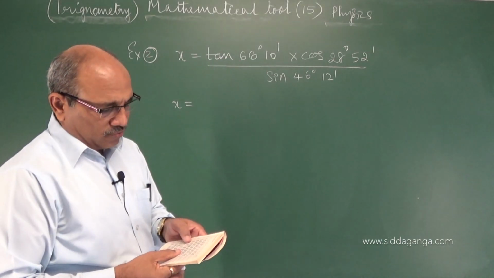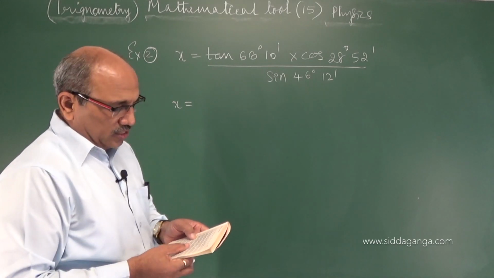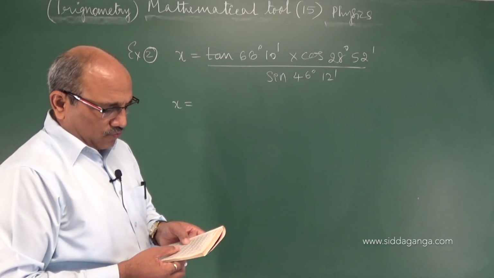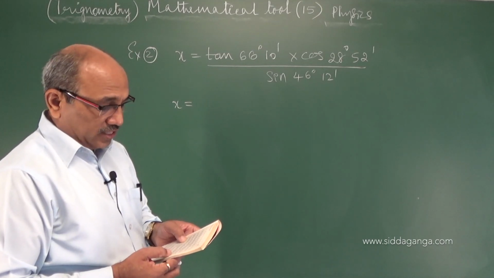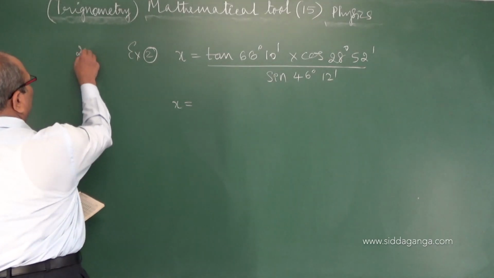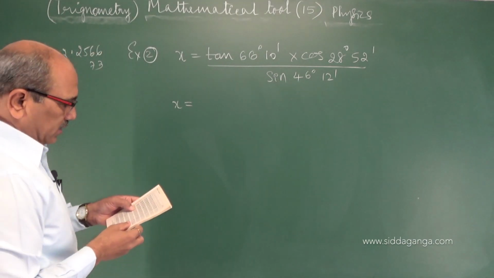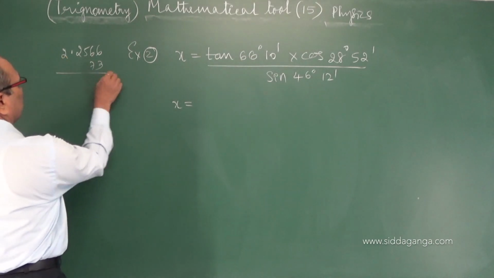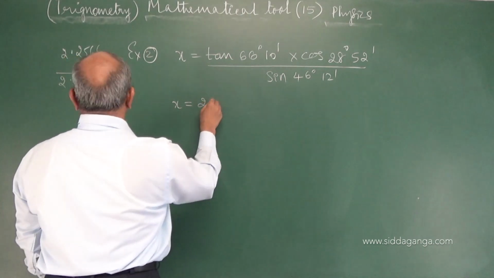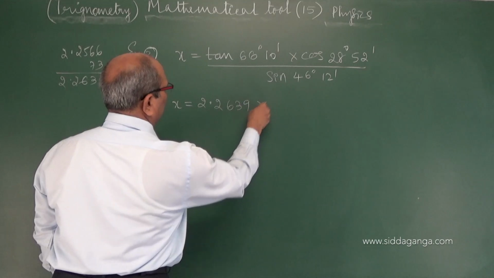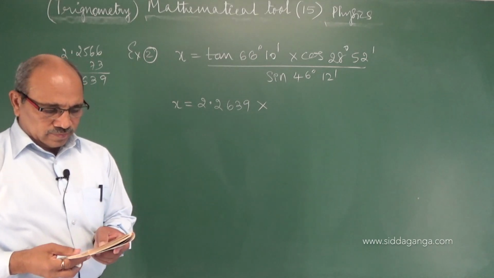You have to see the first column carrying 66, which means 2 point something exists. 10 minutes means 6 minutes, 2566, and 4 minutes will have the value 73. 2566 plus 73, it is 2 point something. 2566 and 73 added gives 2.2639. In the tan function it appears like that. You must be very careful with that one.